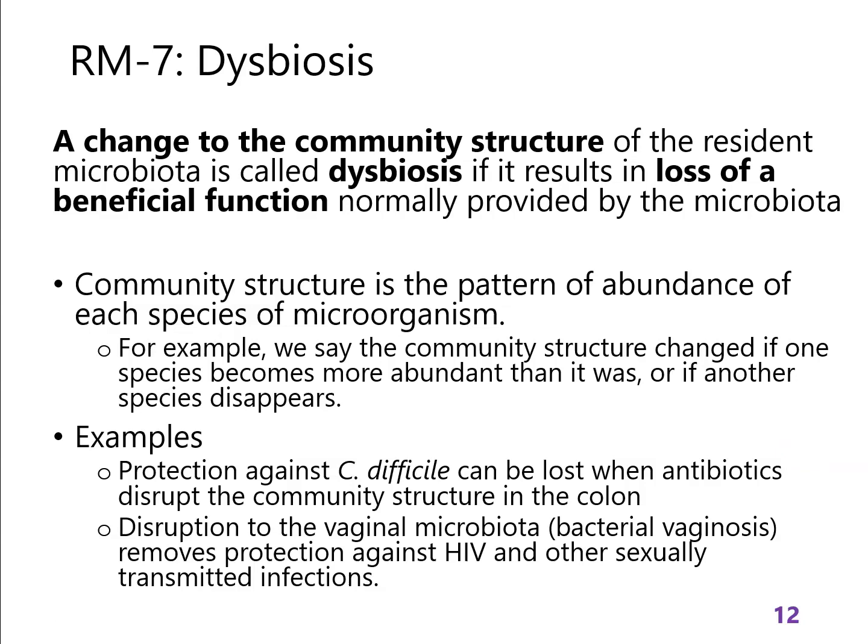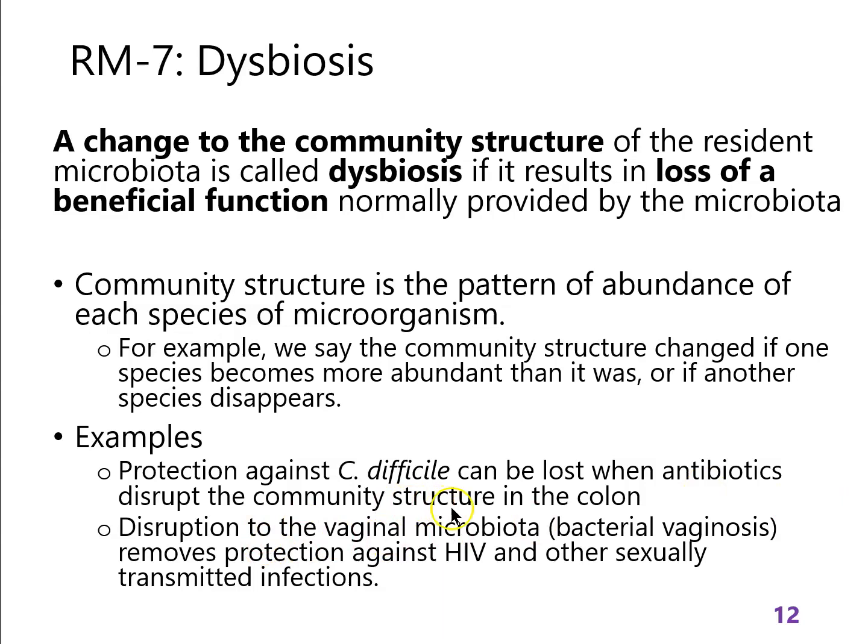So broad-spectrum antibiotics like clindamycin would wipe out most of the bacteria in the gut, and C. diff would be able to grow in that condition. So what that tells us is that under normal conditions, C. diff couldn't grow because it was being either directly attacked or outcompeted by the typical members of the microbiota. So the microbiota was protecting us from it. And when we screwed up the community structure, we lose that protection.